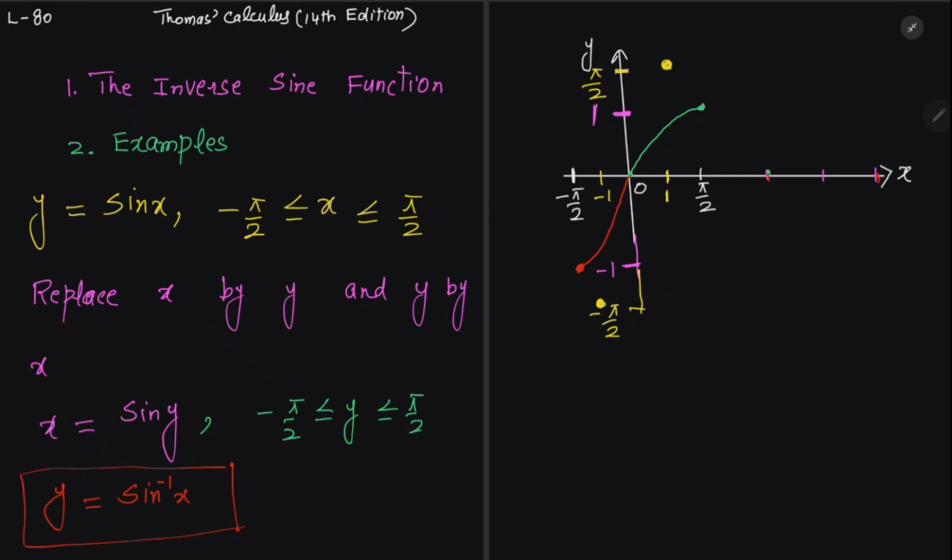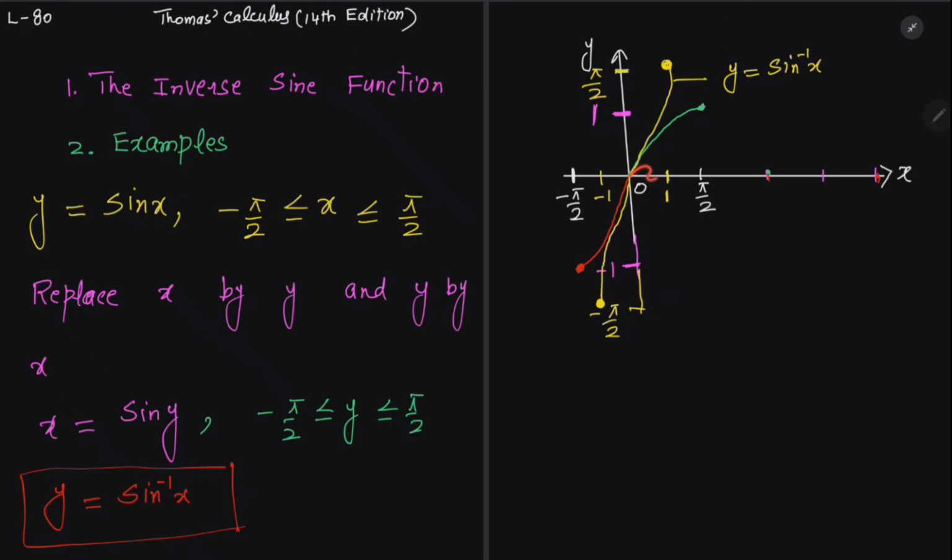So as we continue with this, you will see that this is the inverse function. y is equal to sine inverse x. You notice that on the y-axis we have pi by 2 and minus pi by 2, and on the x-axis we have minus 1 and 1.